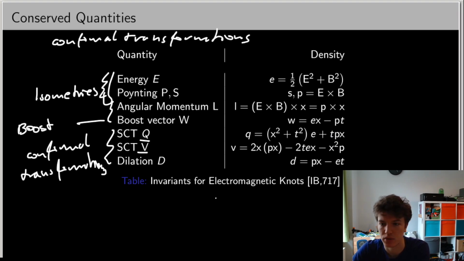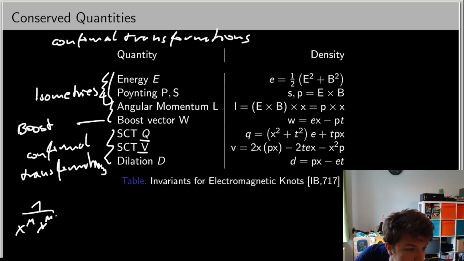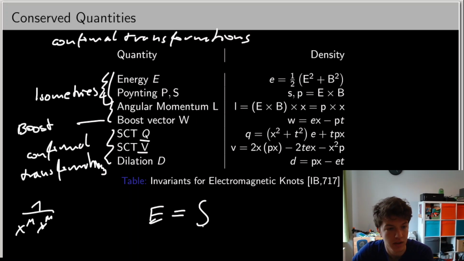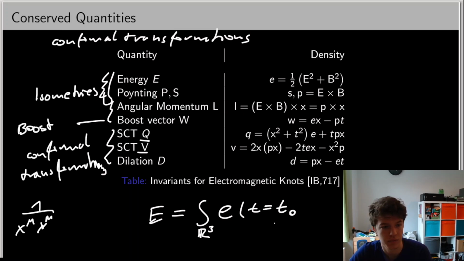So, just one quick recap. One of those transformations could be the inversion, which is also a conformal map, and the calculation of the conserved charges is just the integral over space of, in this case, the energy density at the time t0, which we choose to be 0 as it simplifies the calculation, and we integrate over x, y, and z.